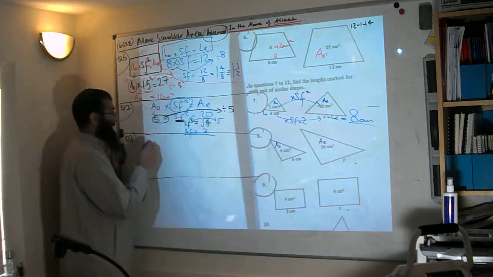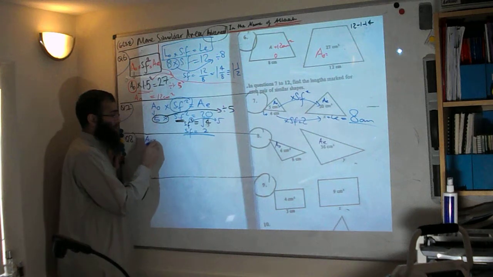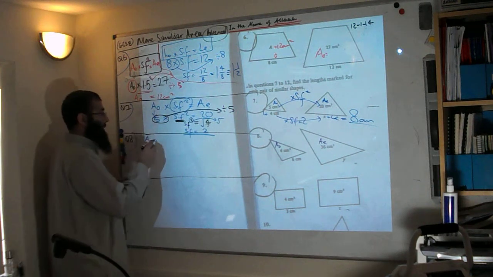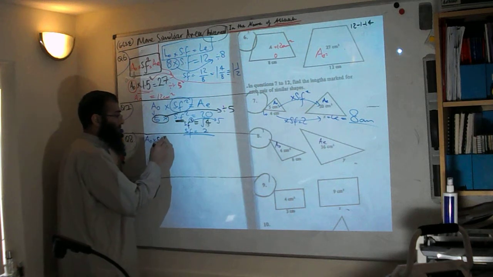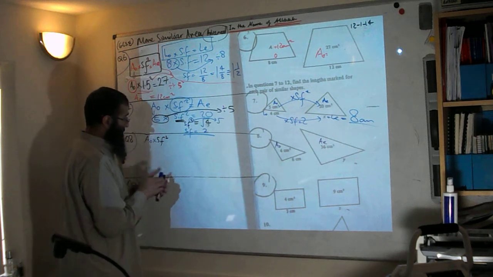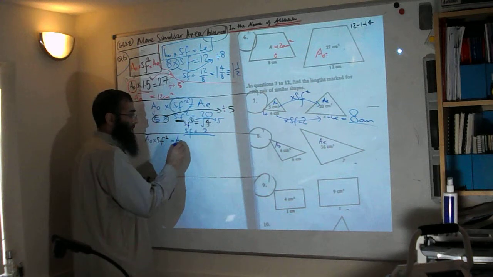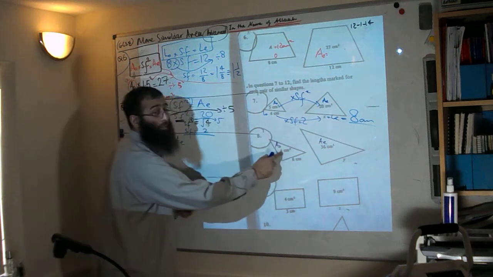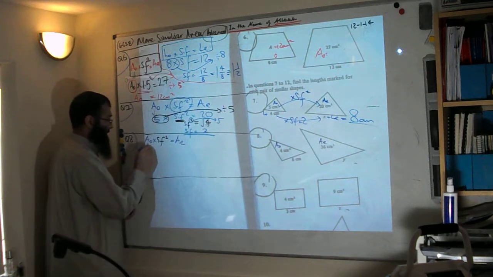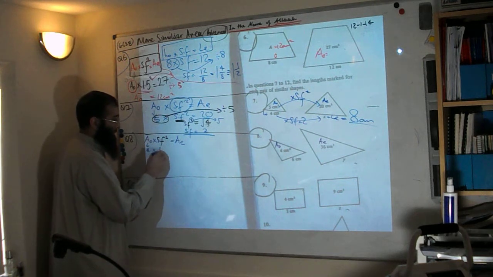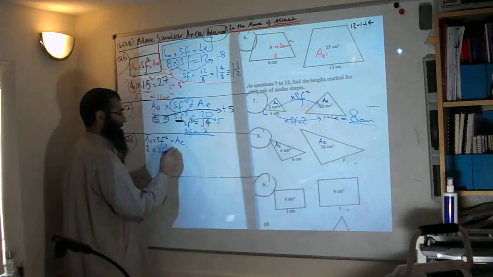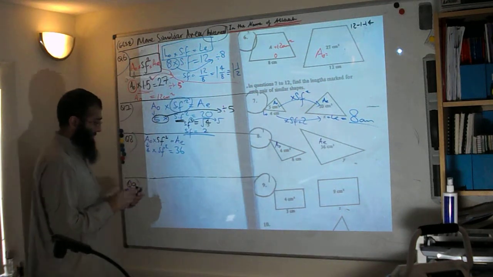So let's start again. So area of original times by the scale factor squared is equal to the area enlarged. So let's put some values in. So the area original is 4, and the area enlarged is 36.